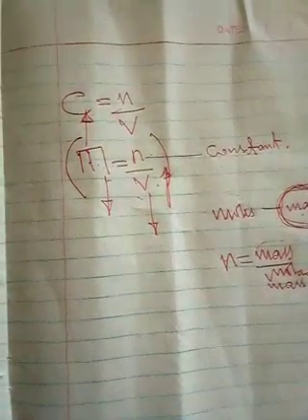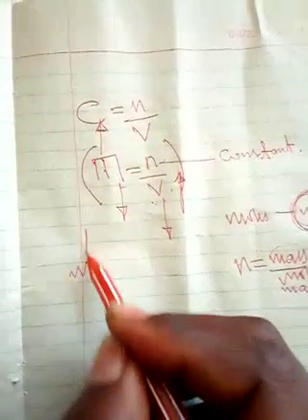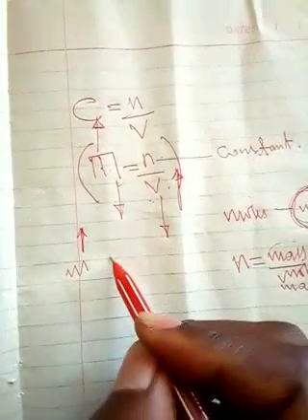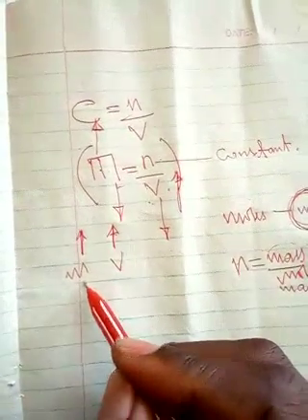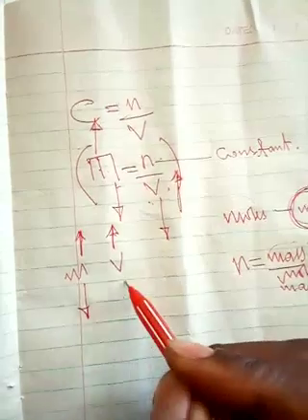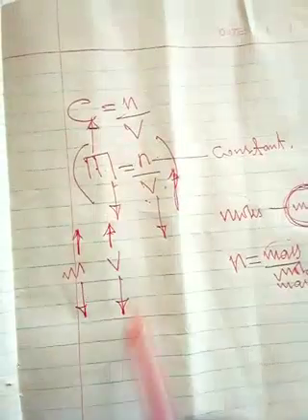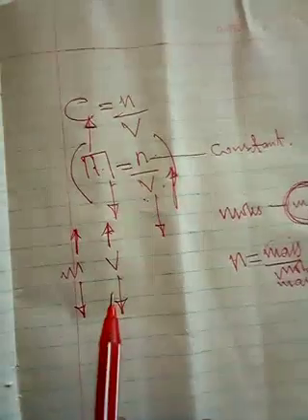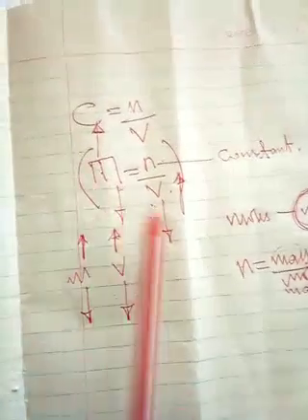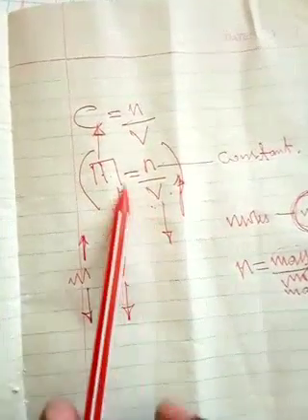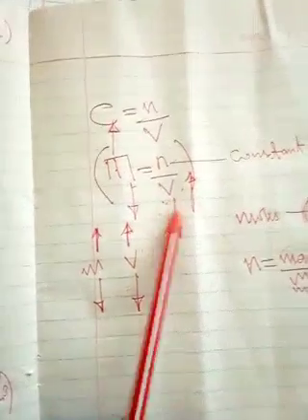If they were directly proportional, then if my molarity values go up, my volume values would also go up, and if my molarity values go down, my volume values would also go down. But just looking at the way they are positioned, you can see that your molarity and your volume are inversely proportional.